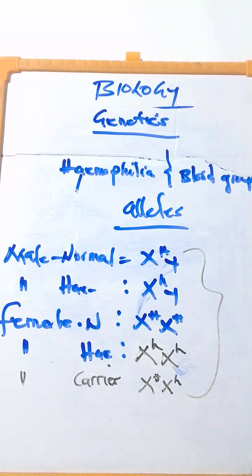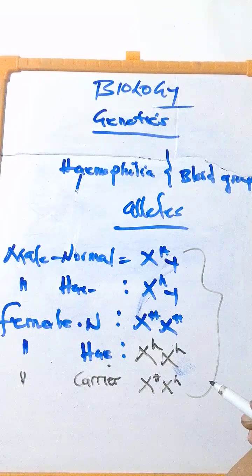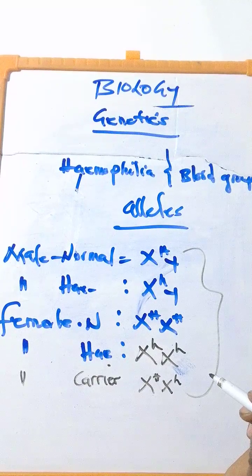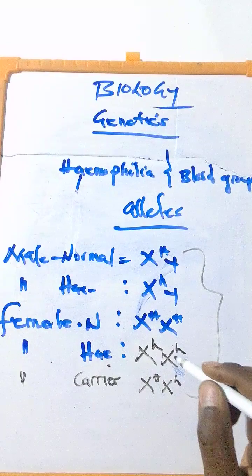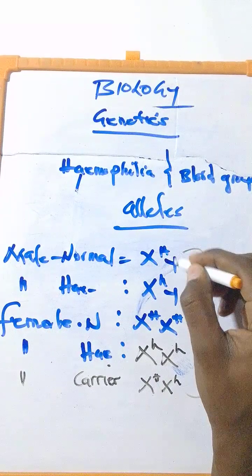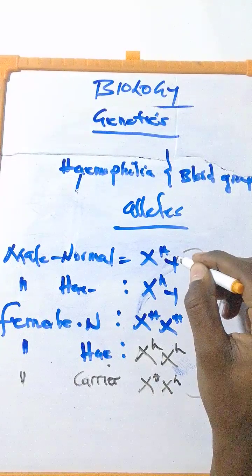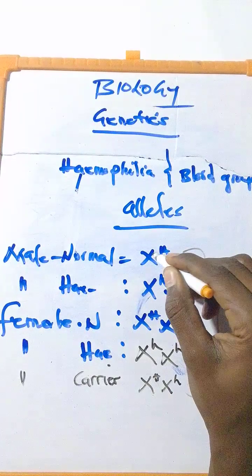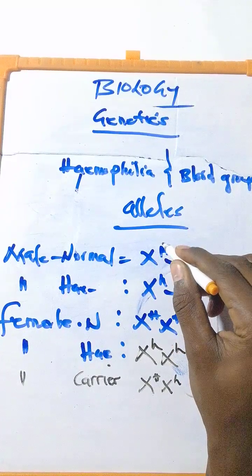The other question which is likely to come in the exam is why hemophilia is more common in males than females. When we look at the alleles which we have here, this Y has no gene. Therefore, it is only this X chromosome which contains this gene.